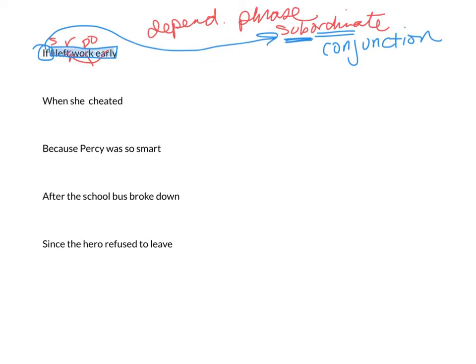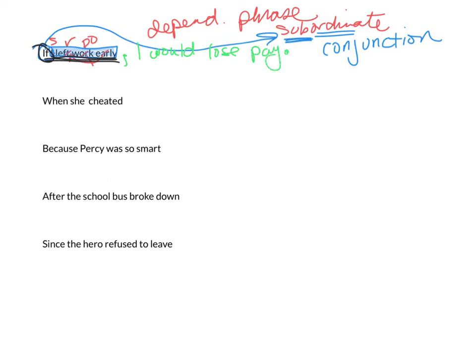But by adding the word if, we are taking this complete sentence and we are subordinating it. We are saying this is no longer a complete sentence. It must have an idea to attach to. If I left work early, I would lose pay.